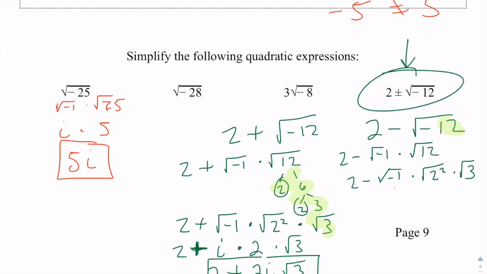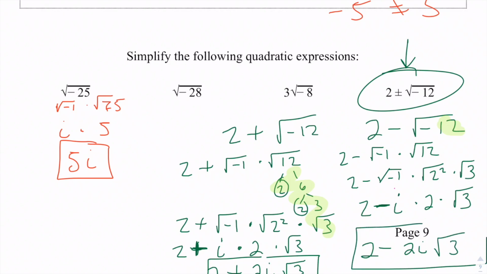So now I just want to simplify this. I get 2 minus i times 2 times the square root of 3, because the square root of 2 squared is 2. Again, this is a subtraction here, so I can't add that into the multiplication, so that's just going to stay out in front. 2 minus 2i, because remember the real number goes in front of the i, times the square root of 3. And that is my two solutions to that one.